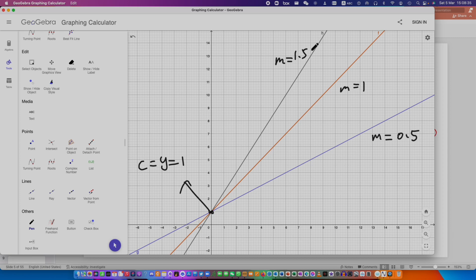So what is the impact or the effect of having different gradients while the y-intercept remains the same? Can you describe this? What's the impact?